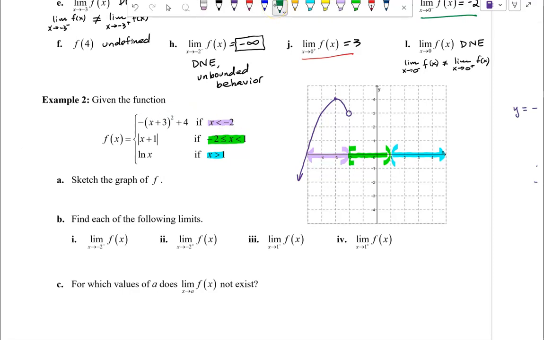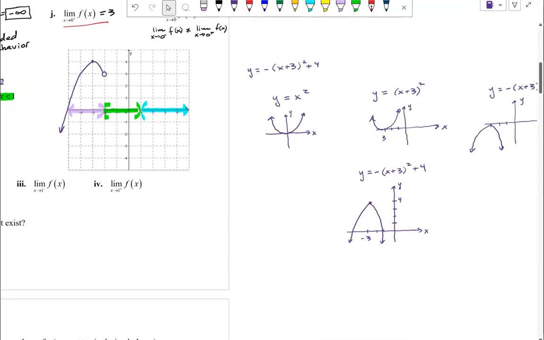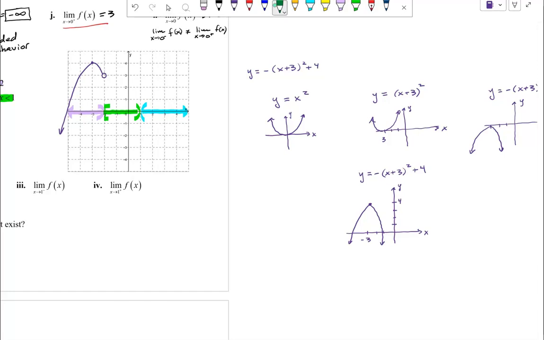Let's continue on with green. So back to our transformations, y equals absolute value of x is the most basic absolute value function and looks something like this. Y equals absolute value of x plus 1 is going to shift this graph 1 unit to the left.